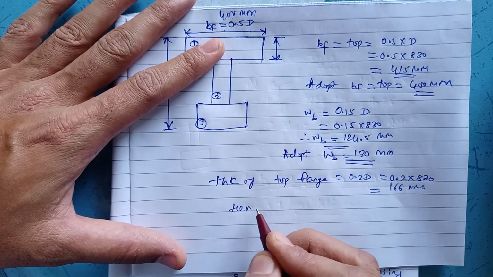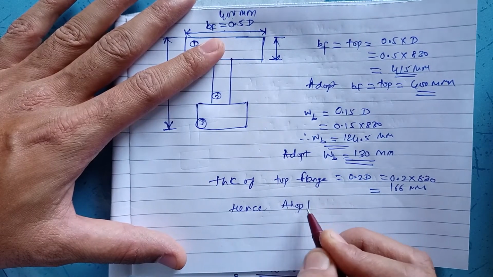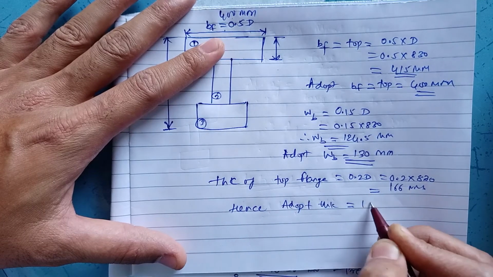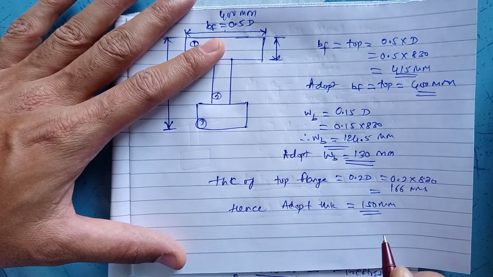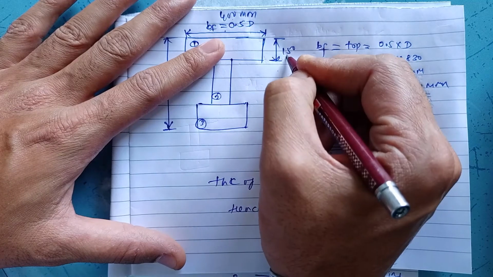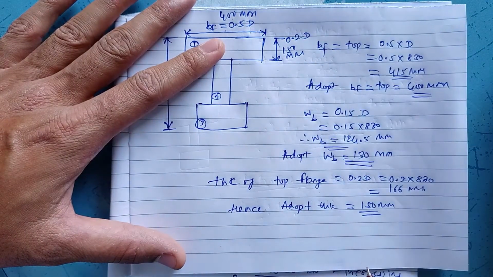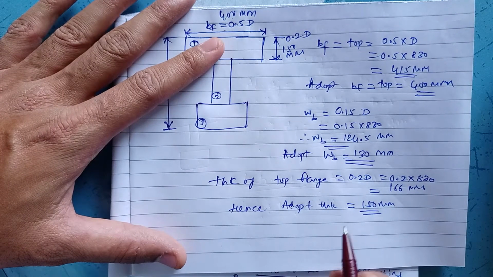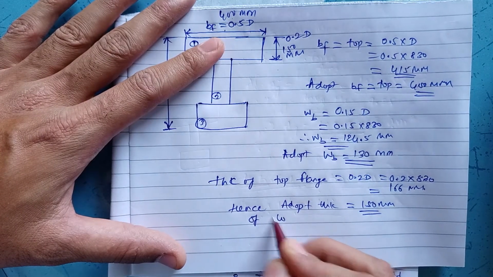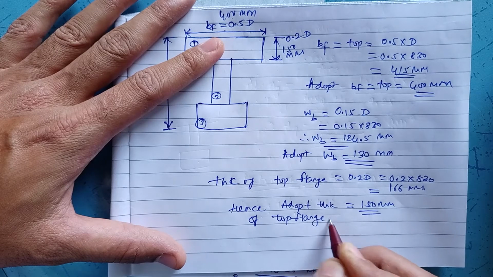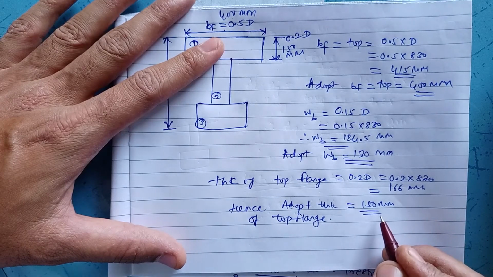Hence, adopt thickness as 150 mm, that is near about 0.2 D. Adopt thickness of top flange as 150 mm.